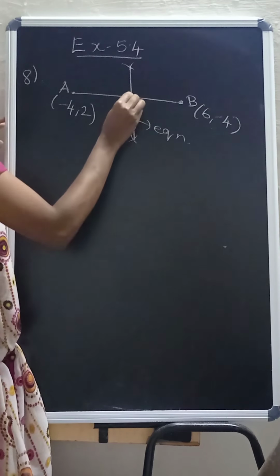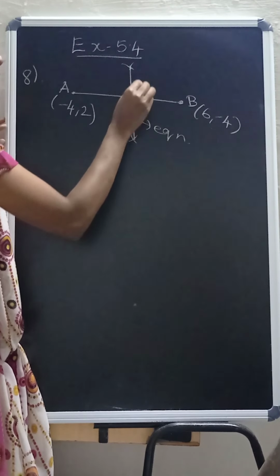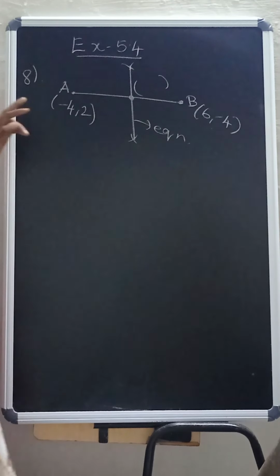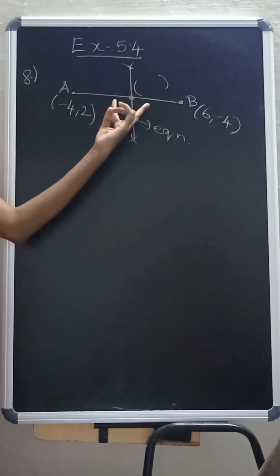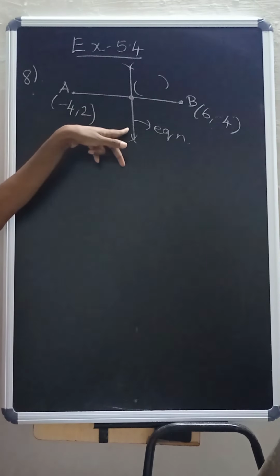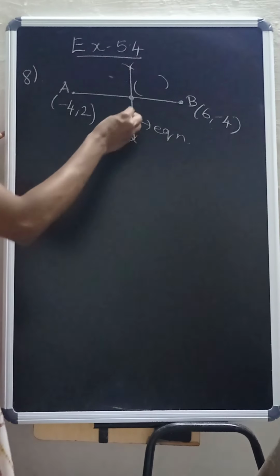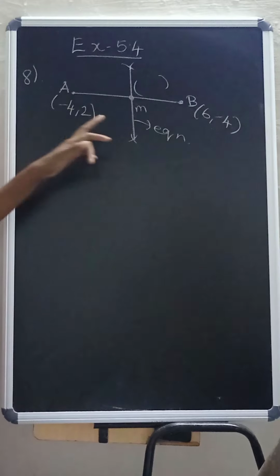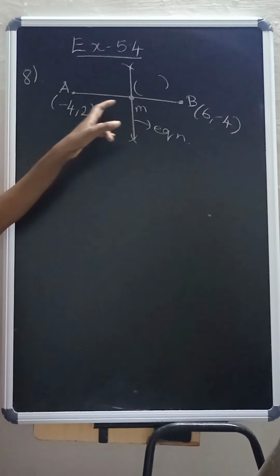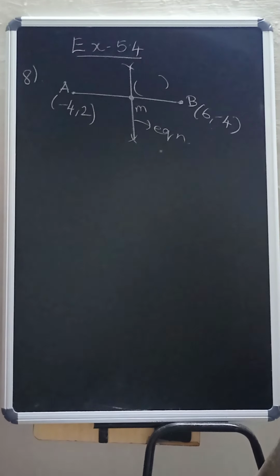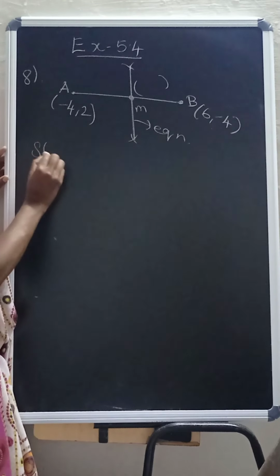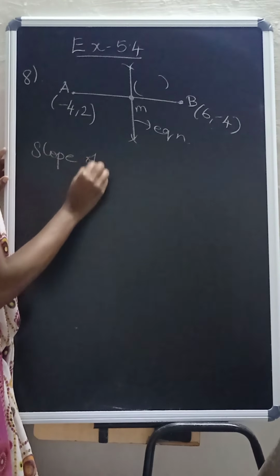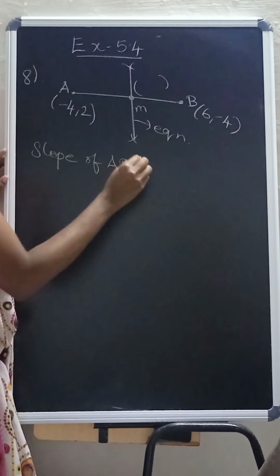Since this is a perpendicular bisector, you are going to find midpoint of AB. So you will get midpoint. Then you will find slope of AB and find perpendicular slope. You will get slope of the perpendicular bisector. Now using point slope form, we are going to find the equation of the perpendicular bisector. Now let us proceed on. Slope of AB.